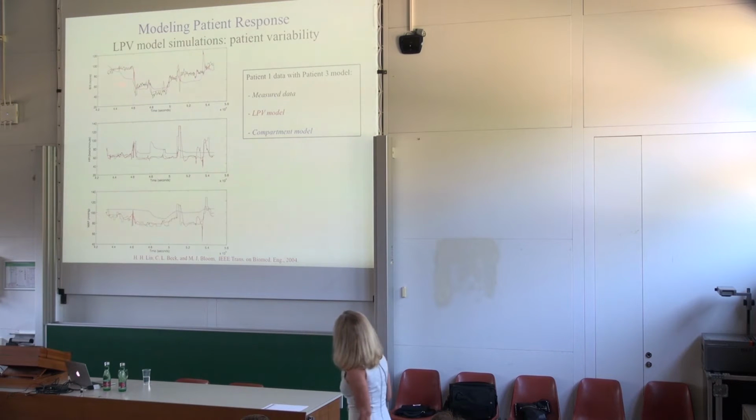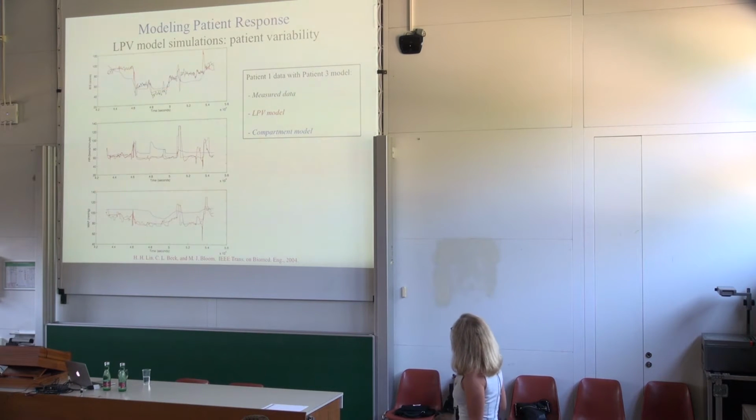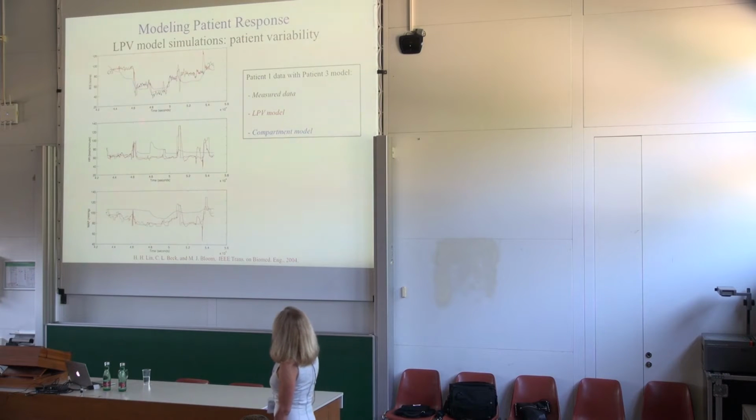So again, the black shows the actual patient 1 data, and the red shows the response of the LPV models. The LPV models are multi-input, multi-output. Okay, so this is all one MIMO model. And then the blue shows the response of the compartment models. So using patient 3 model with patient 1 data and seeing how well it captures patient 1 response, basically.